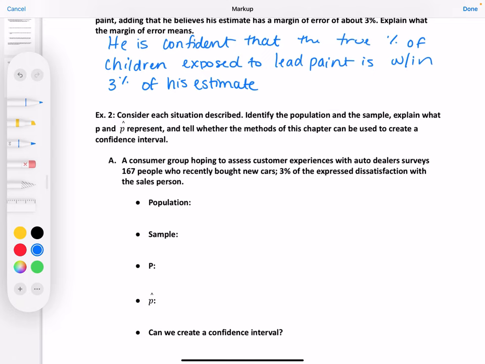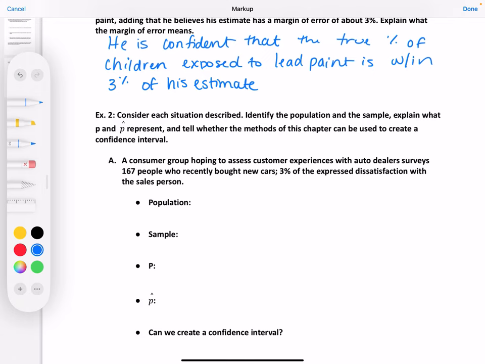So, any ideas what the population as a whole is? Or you can do the sample first if you want. So it's kind of like when we did the stuff with the W's and the H, like the who, what, when, where. It's kind of like that in terms of what you're writing.